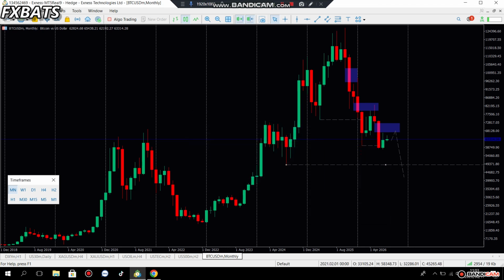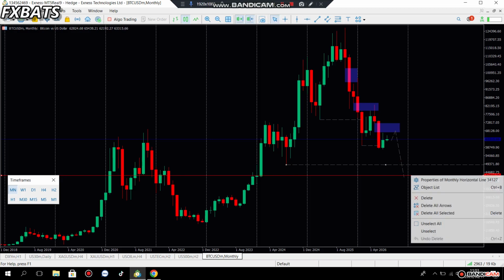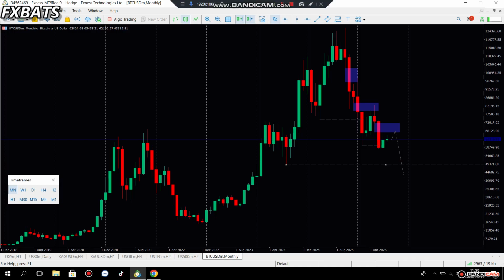So let's mark the price exactly. The draw on liquidity, I'll be hoping to see price plummeting towards 48,932. That's my significant level. Then I'll see what follows after, but that's my draw on liquidity.